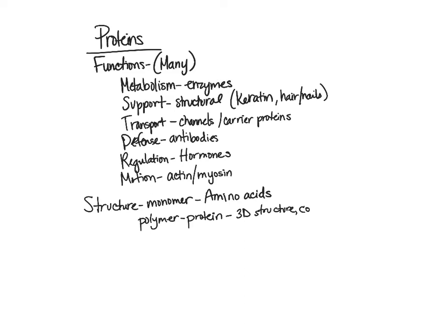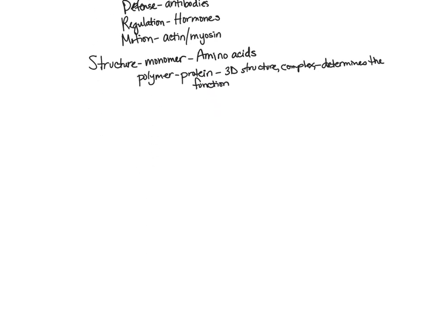It's very complex. And the complexity and the 3D nature of it is what's going to determine the function. All right, so let's take a look at our monomer, the amino acids, first.